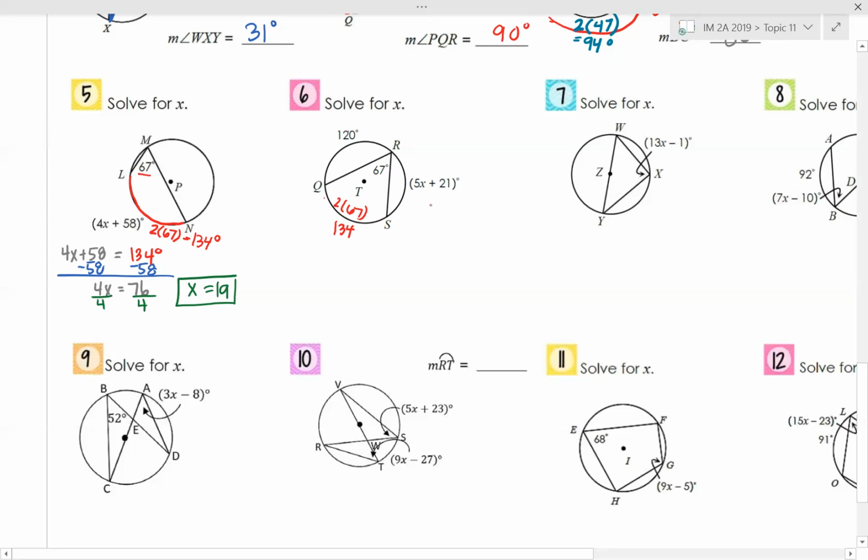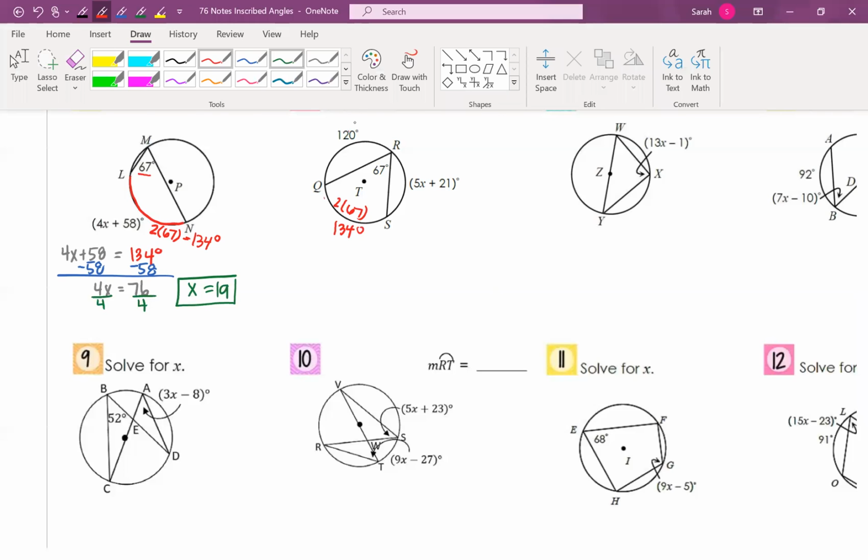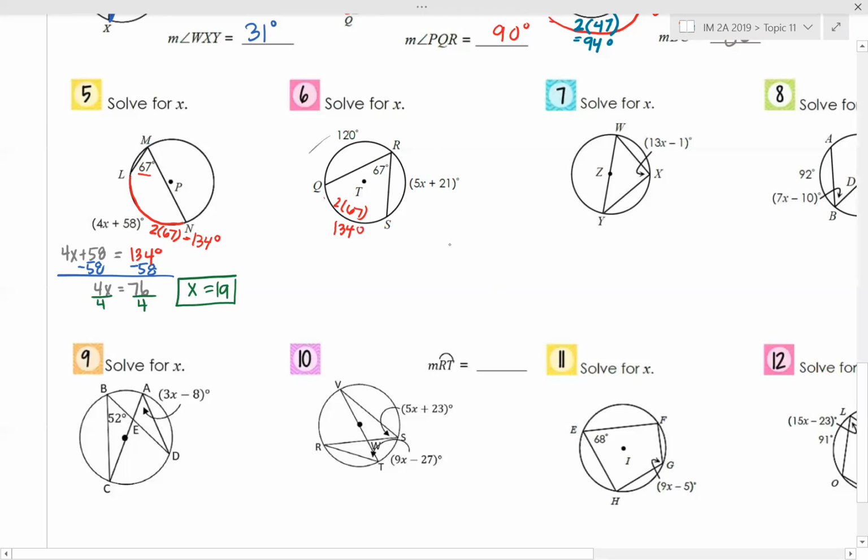So if I know a measure or an expression for every arc around the circle, what I can do with those is add them all up and set that equal to 360. So since it's the whole circle, so I know everything, I can take that sum and set it equal to 360 degrees.